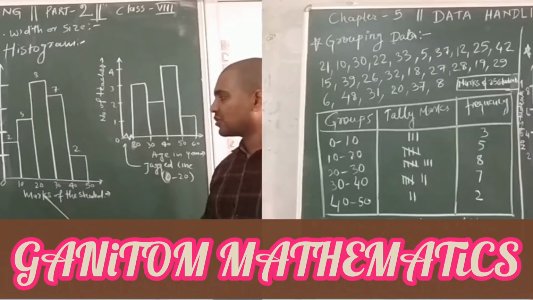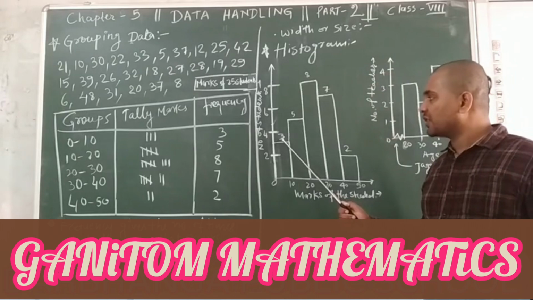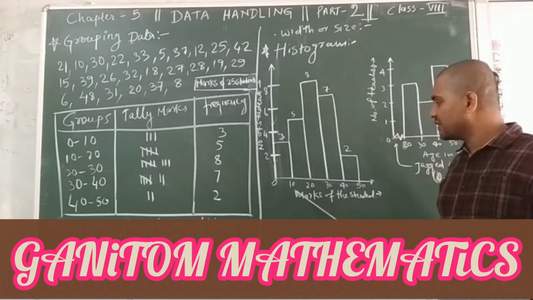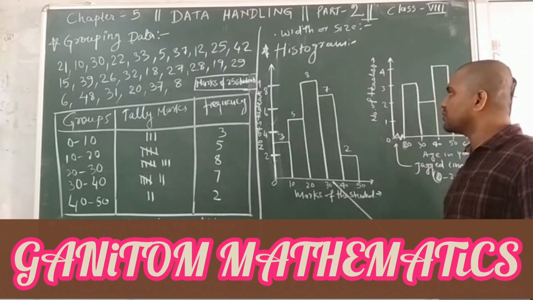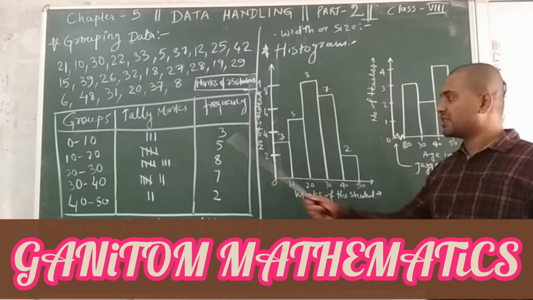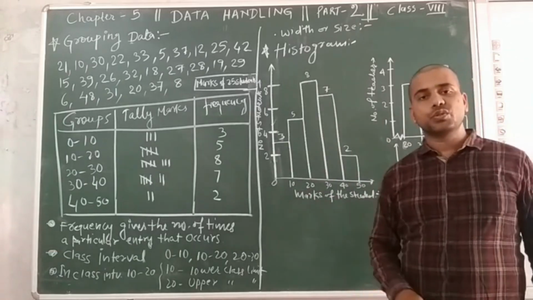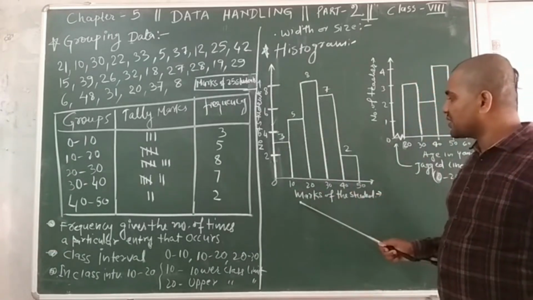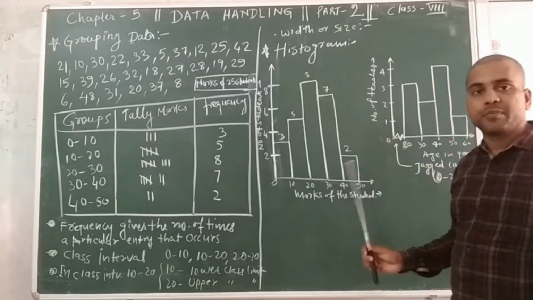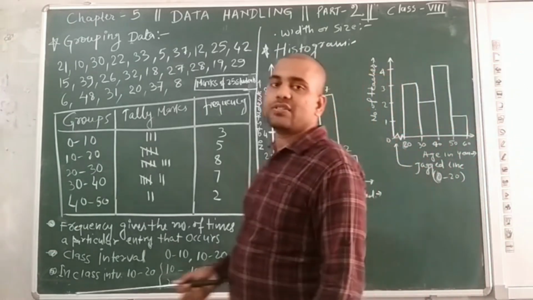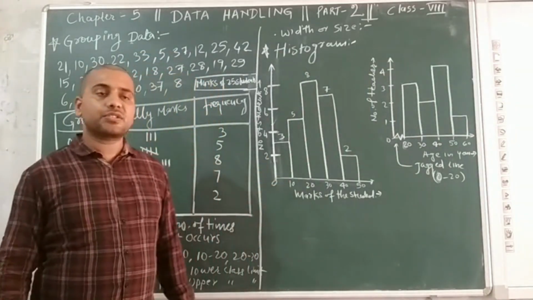For marks 0 to 10 we have 3 students, 10 to 20 we have 5 students, 20 to 30 we have 8 students as per this table, 30 to 40 we have 7, and 40 to 50 we have 2 students. So that representation where we don't have any gap between two bars is known as a histogram.